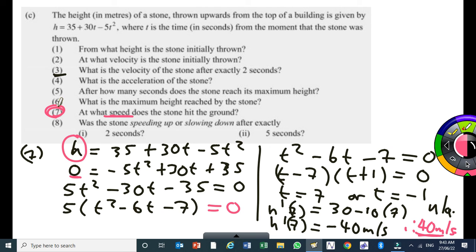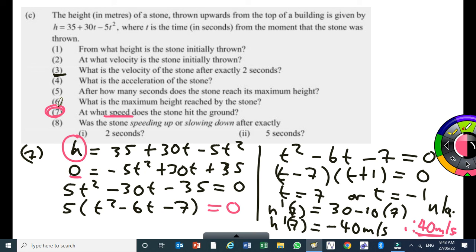Then you use that time by substituting it into the velocity function to get the actual value of the speed, which is positive. So the answer will be 40 meters per second. Do you have any question there?